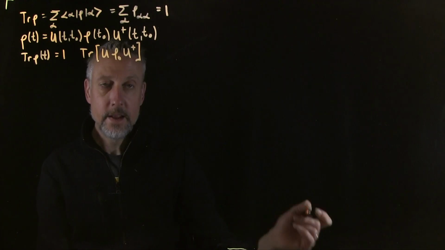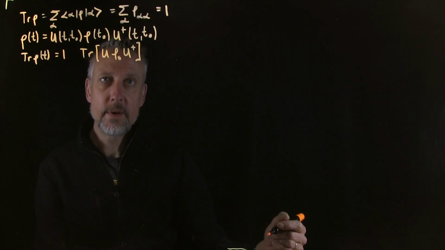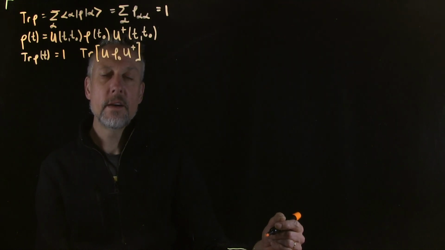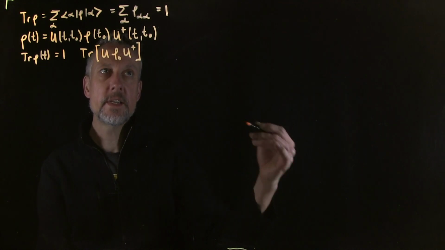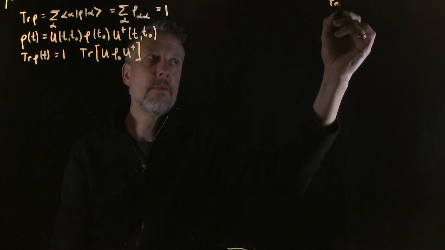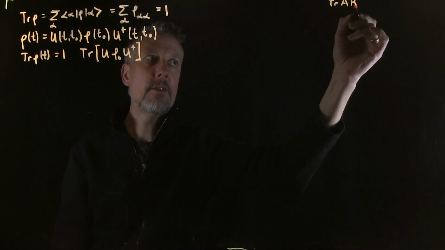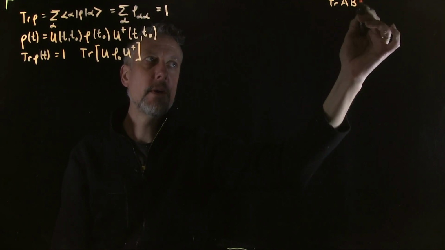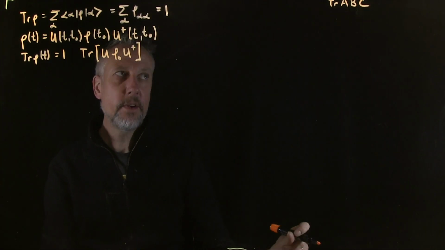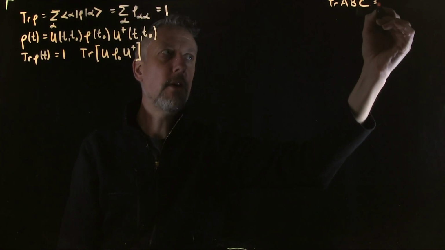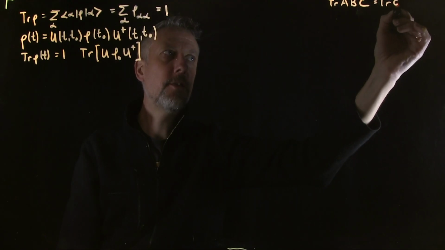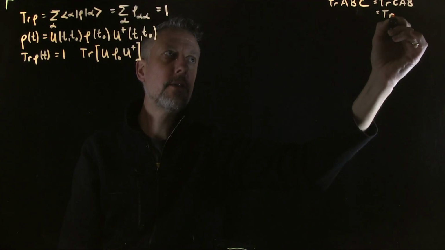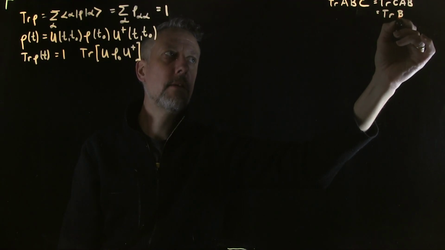Then I'm going to use a most remarkable property of a trace, the so-called cyclic permutation invariance, which is to say that if I have a trace of three matrices, the trace of ABC is also equal to the trace of CAB, and also equal to the trace of BCA.